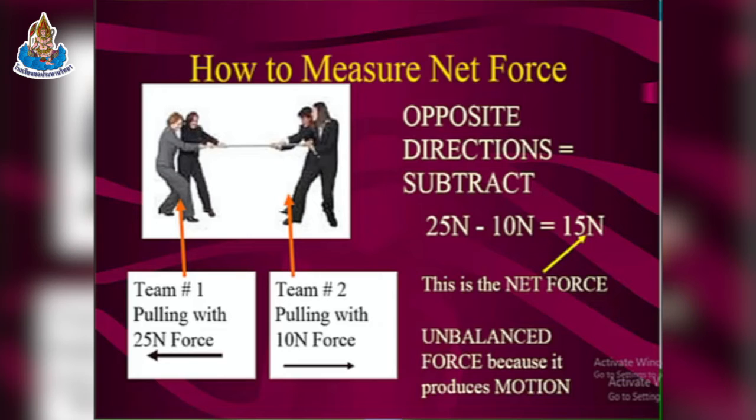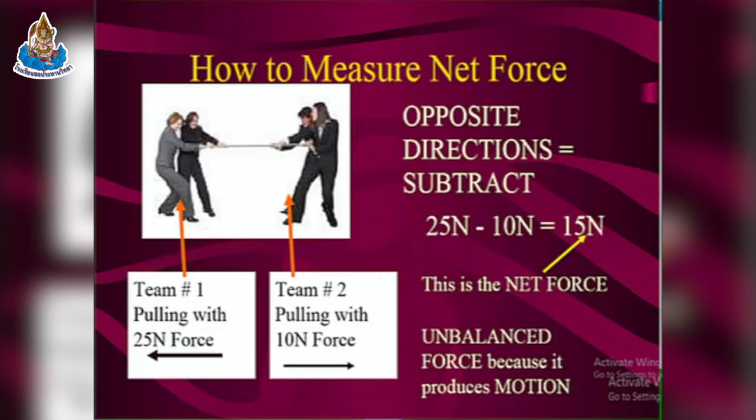How about if the forces are in opposite directions? As you can see in the picture, you have here team 1 and team 2. These two teams are pulling the rope in opposite directions. Team 1 is pulling with 25 Newton force, while team 2 is pulling on the other side with only 10 Newton.